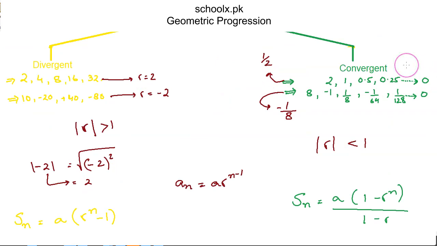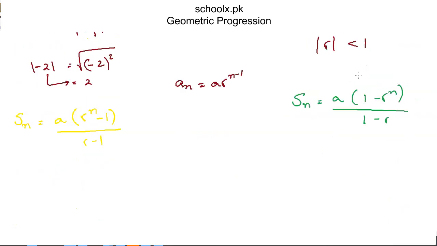It may be 0 or it can be any other value too. Now, the sum to infinity of this series will be a fixed number because they are converging to a fixed value, right? And the sum to infinity of these divergent series will not be a fixed number. Like, we cannot find the sum to infinity of a divergent sequence, but we can find the sum to infinity of a convergent sequence. Why is that?